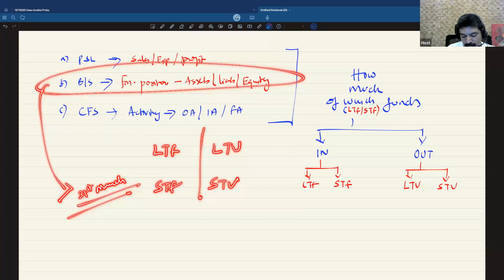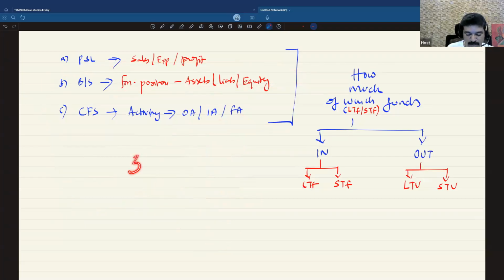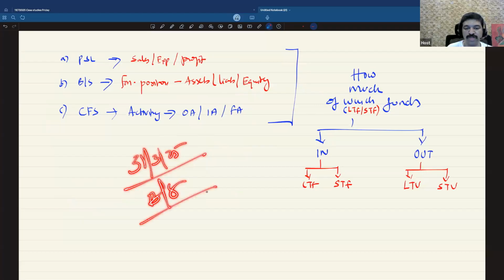But the problematic part is this is only as at 31st March 2025. You will not know what happened during the year. You will just get a snapshot as on 31st March 2025.